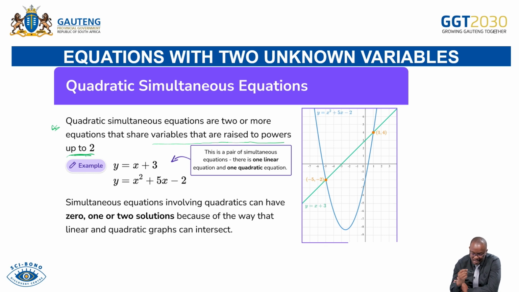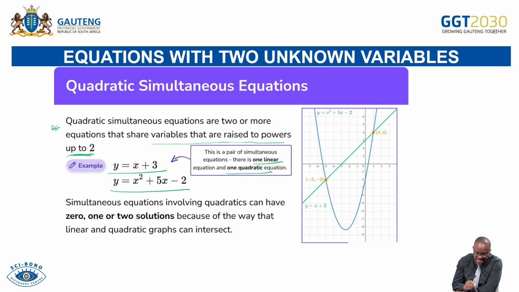Then we have the 2 pairs now. They're saying this pair of simultaneous equations, there is 1 linear equation and 1 quadratic equation. It's always going to be like this, grade 11, where you have 1 linear equation and 1 quadratic equation.